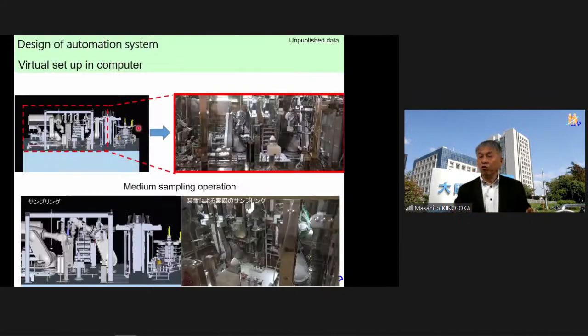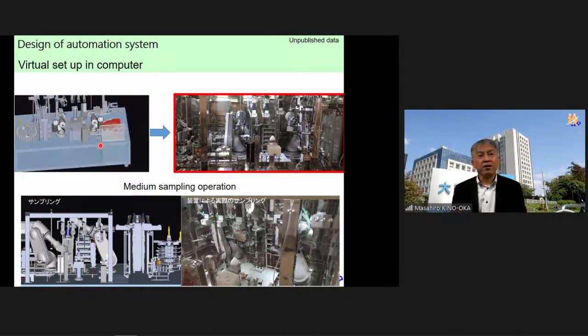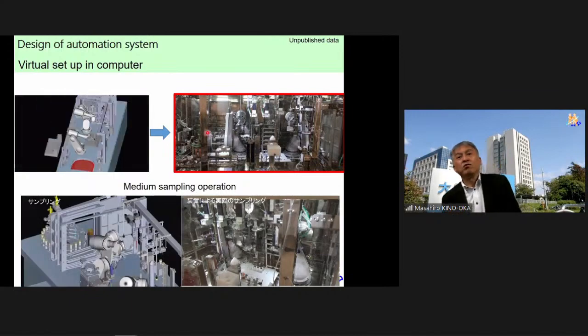So to develop the automation system, we have to put many devices inside the operation room. So before starting, we prepare the virtual environment in the computer. We prepare the same space in the computer and the practical machine. First we check the machinery device positions to consider interference.